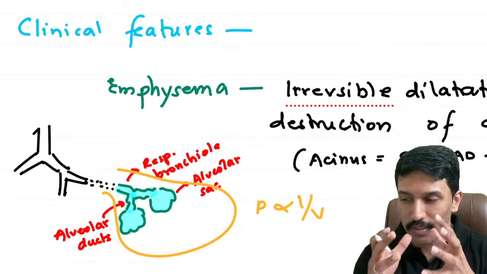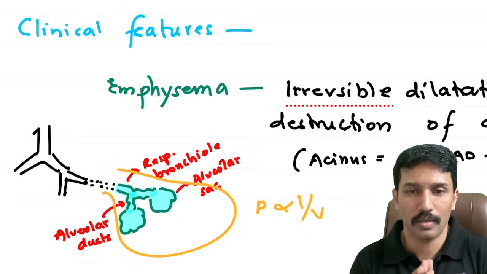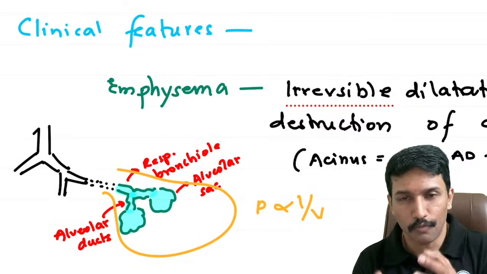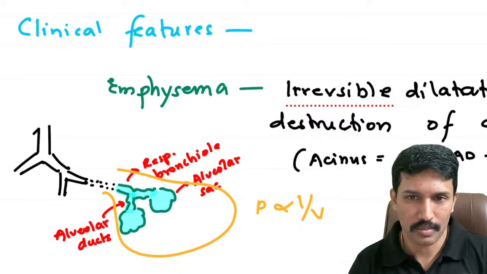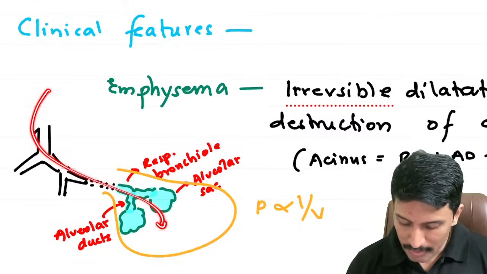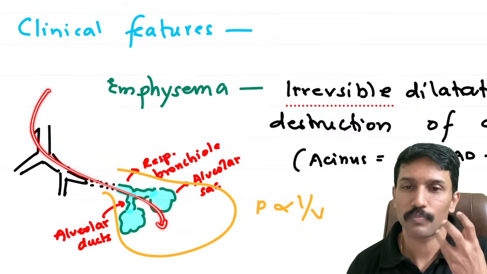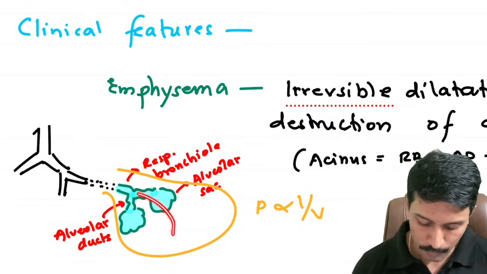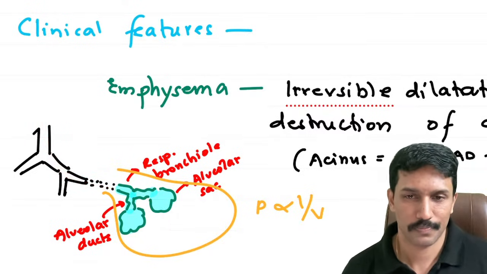Every time the volume of a space or chamber or container is decreased, its pressure increases, or vice versa. If volume increases, pressure decreases. So now tell me, is it easy for me to bring the air into this dilated emphysematous part of the airway, or is it easy for me to pull the air out from this?